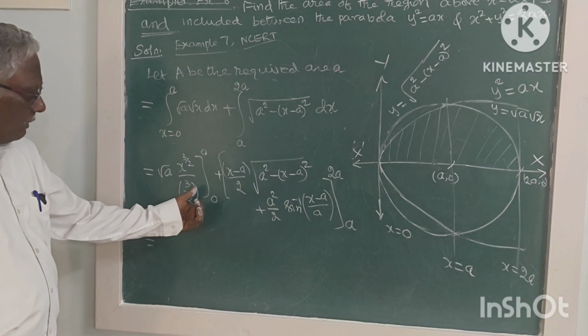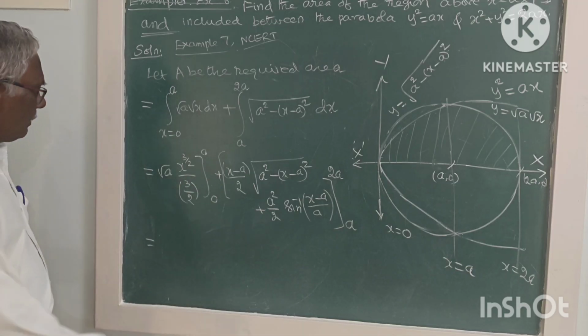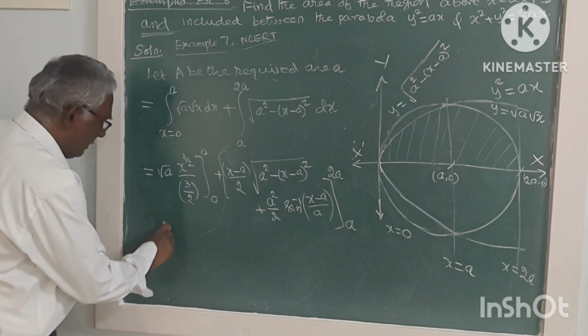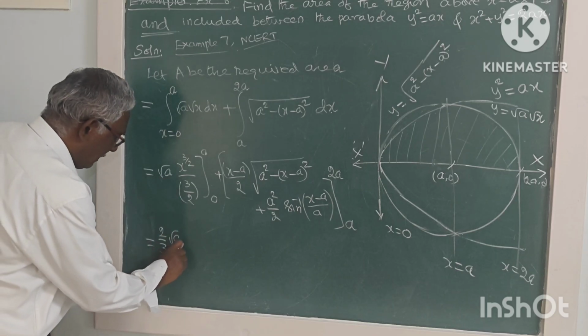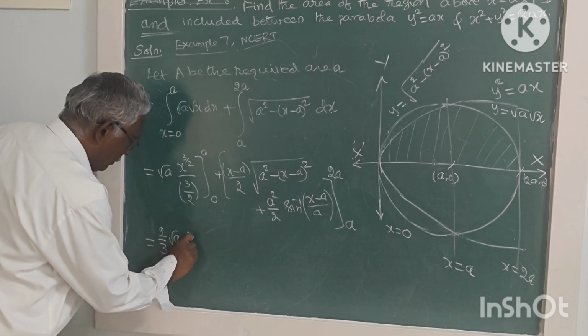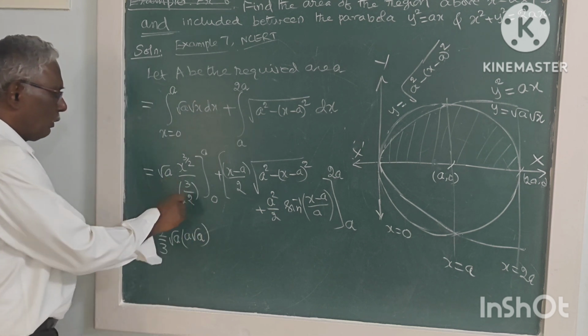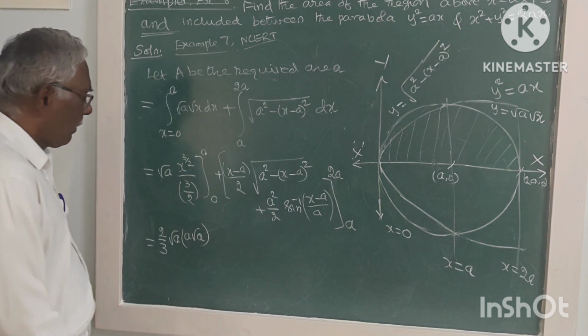So here for x we'll substitute the upper limit: 2 by 3 times root a, then a root a. When you substitute lower limit, it will become 0.